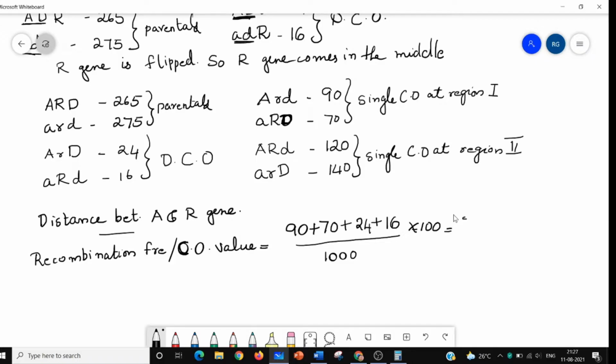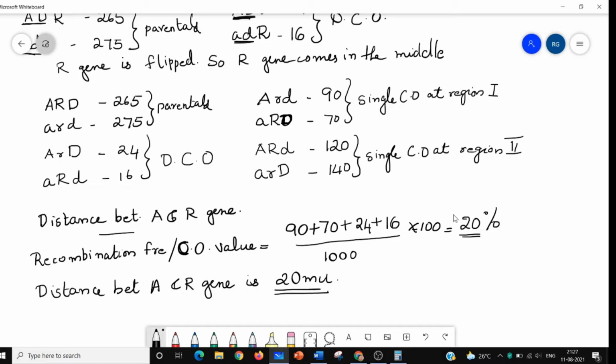So we get the answer as 20%. And we conclude that the distance between A and R gene is 20 map units.